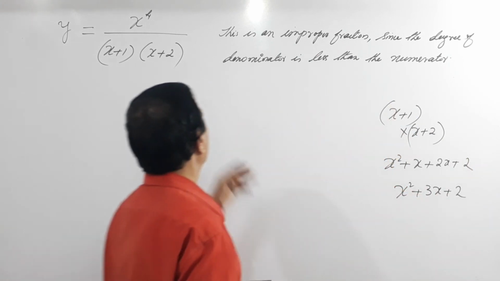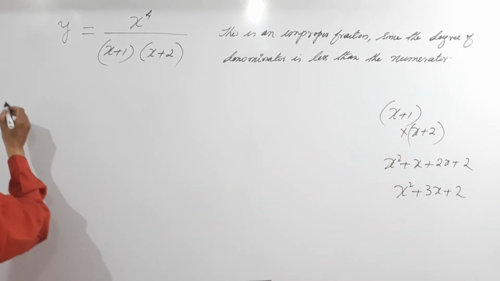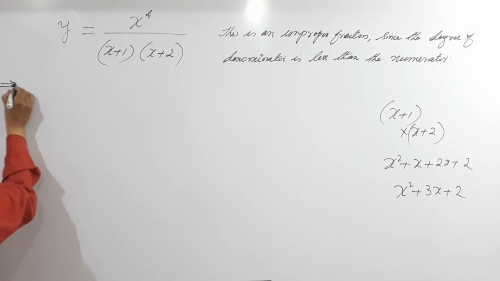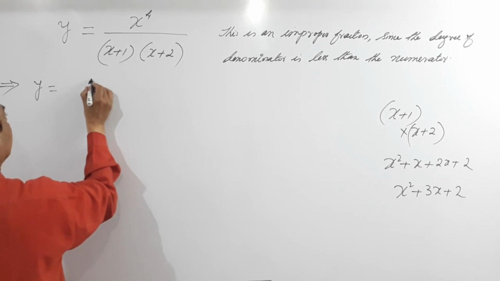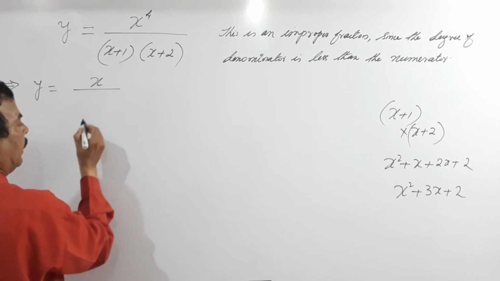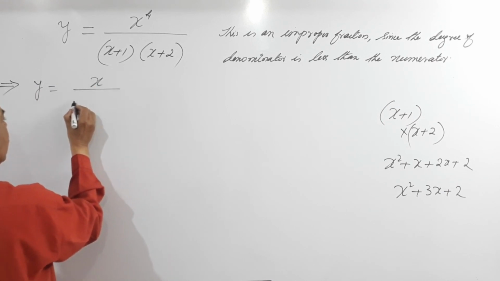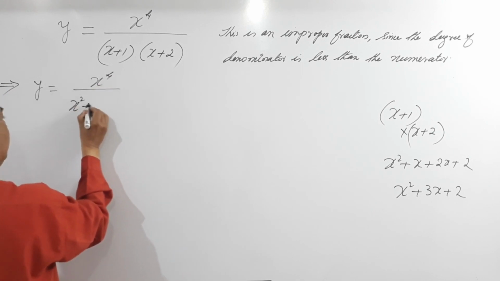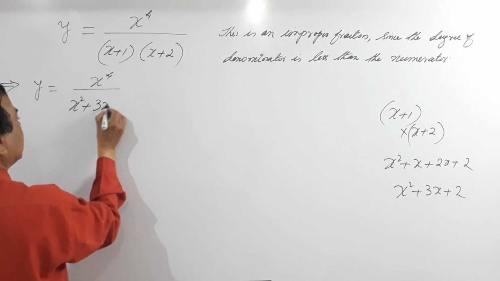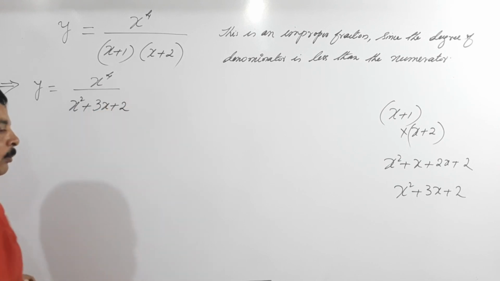So you can write this: y equals to what? x to the power of 4 by x square plus 3x plus 2.